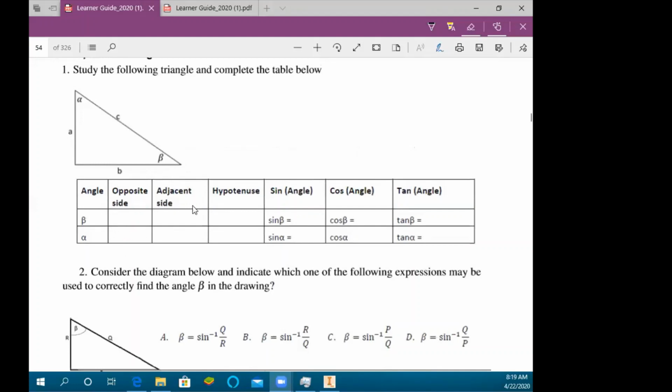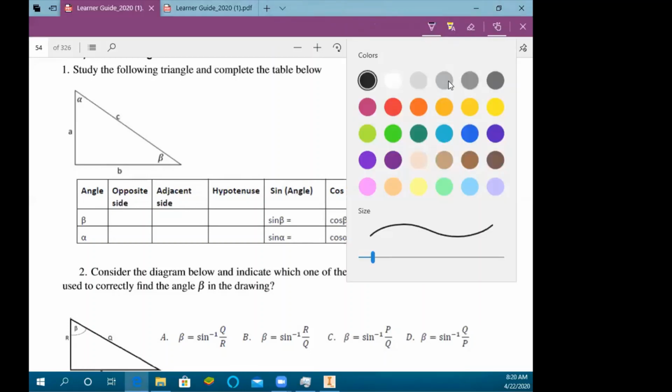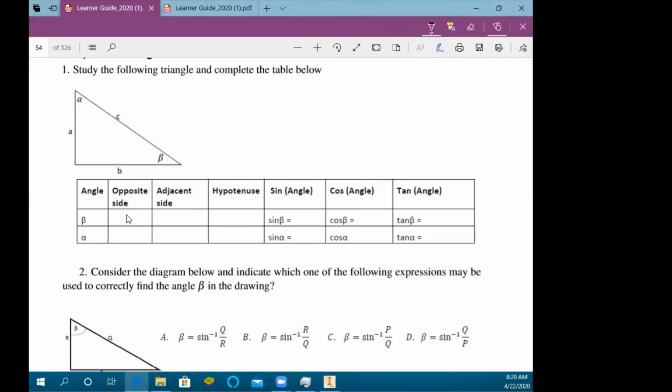Looking at the first row, second column, they're asking us to find the opposite side of the angle beta. The opposite side of the angle beta is A. Let's continue with that row.